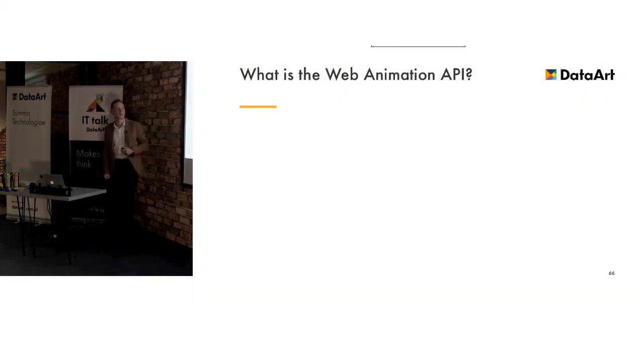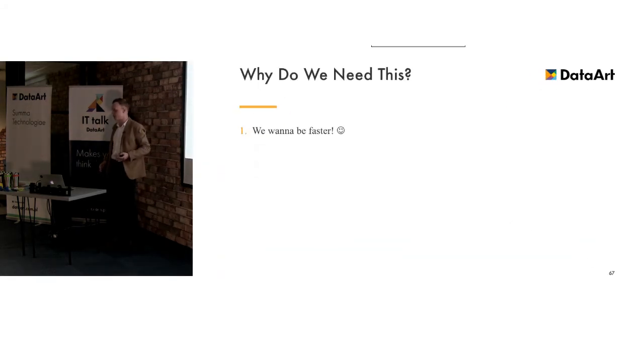So, what is the Web Animation API? The Web Animation API is something which allows us to have our animations faster, and to have better performance of animations. It allows us to use JavaScript animations and make them with the use of the graphics card, not the processor, and make them extremely faster.